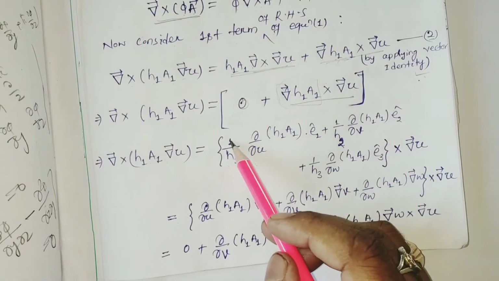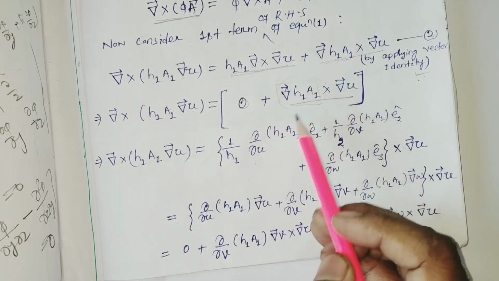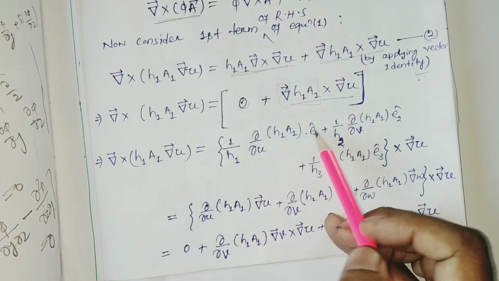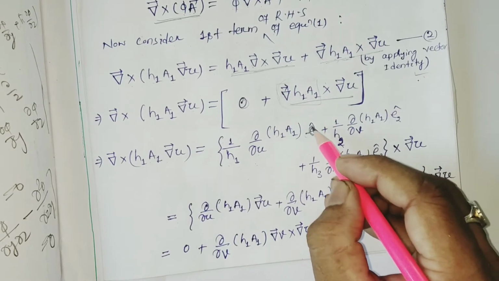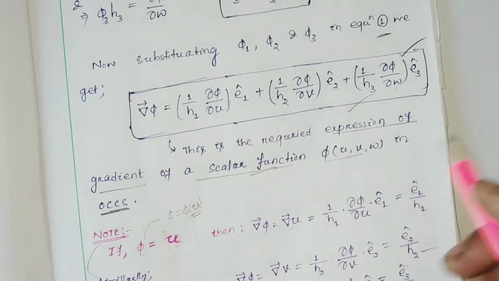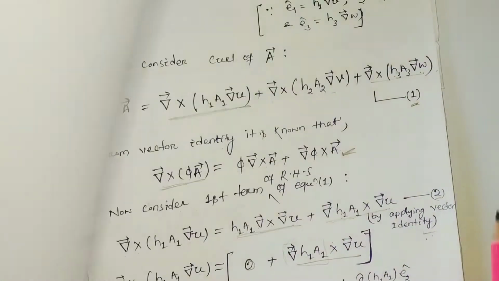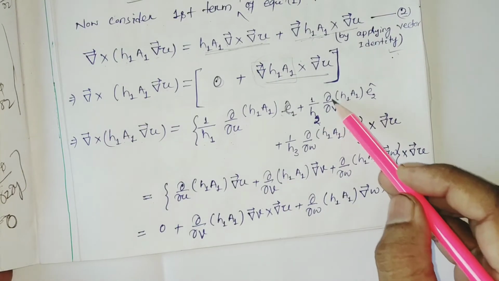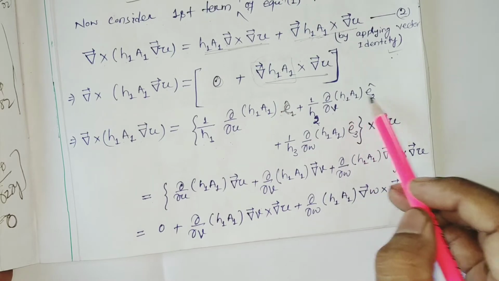So 1 by h1 del by del u of phi, here the scalar phi is h1 a1, into e1 cap, not dot, but into. Likewise, the second term will be 1 by h2 del by del v of h1 a1 e2 cap.